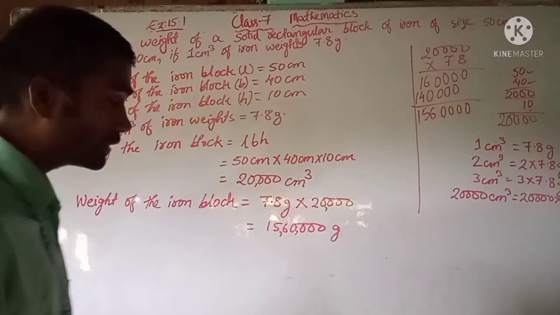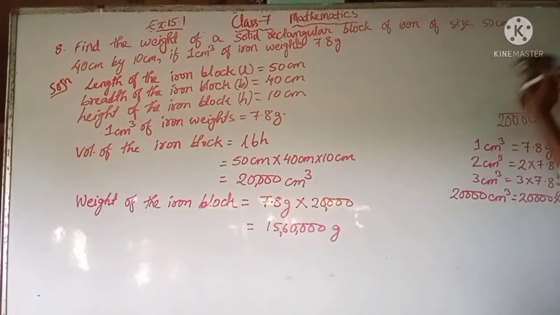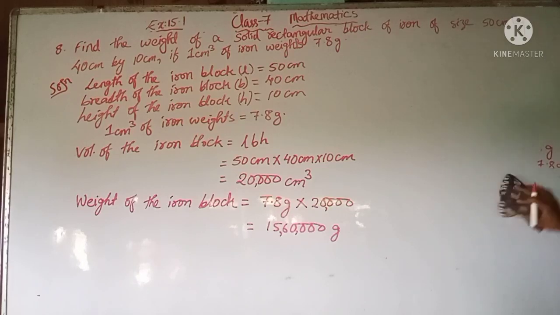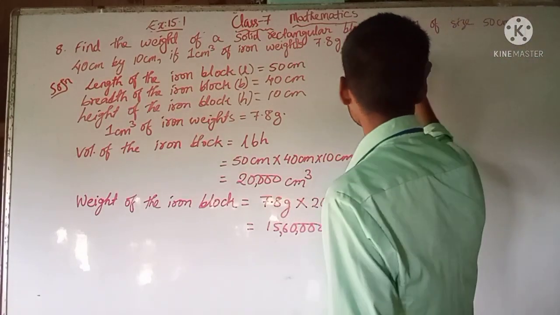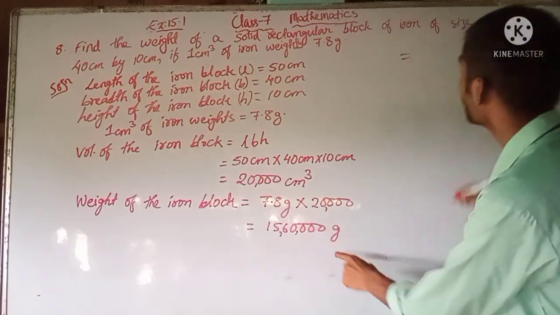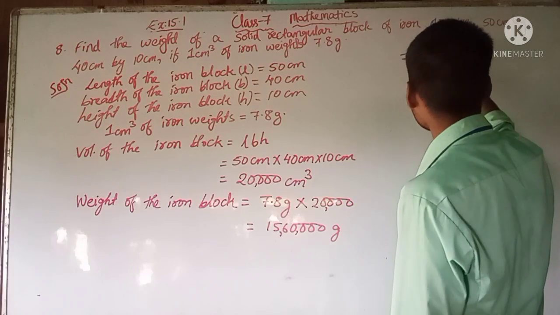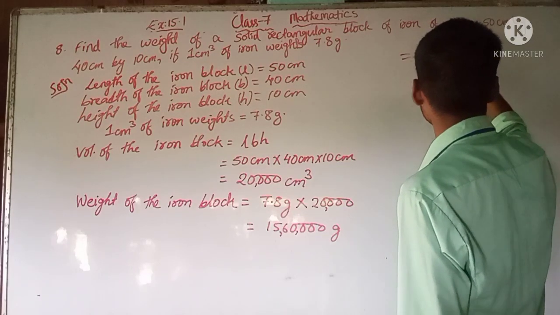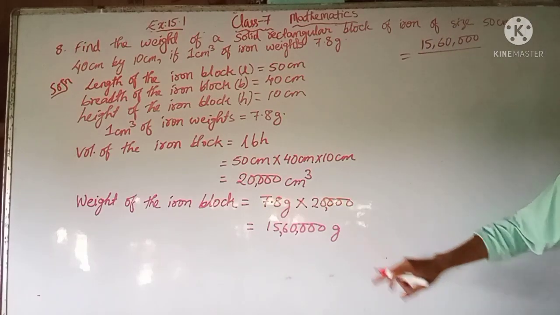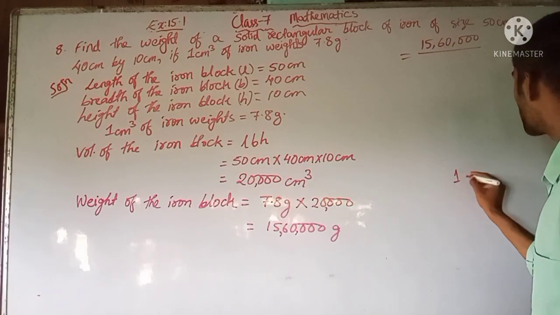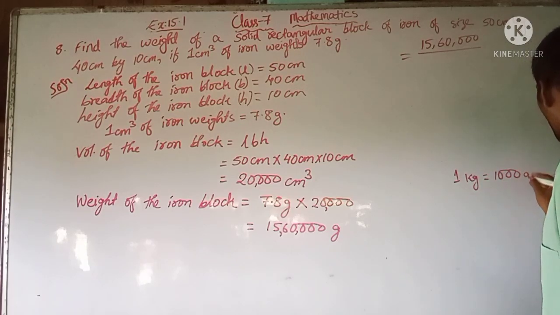Now we can convert this gram into kilogram, because in standard we used to represent this in the form of kilogram. So that will be equal to 15,60,000 divided by 1000, because 1 kg is equal to 1000 gram.